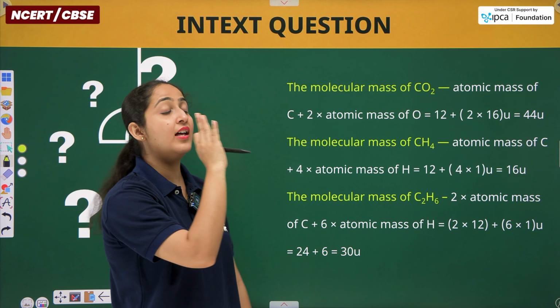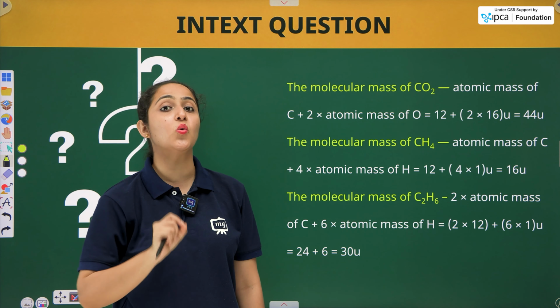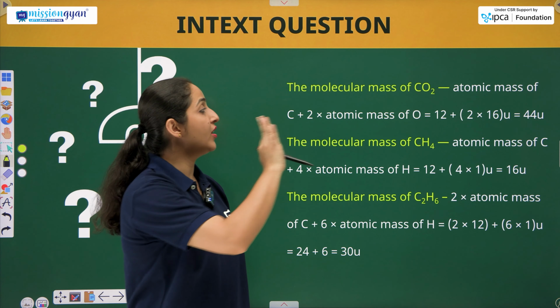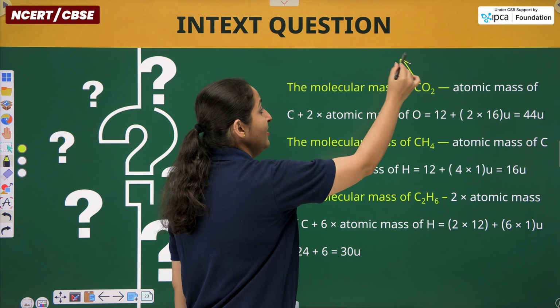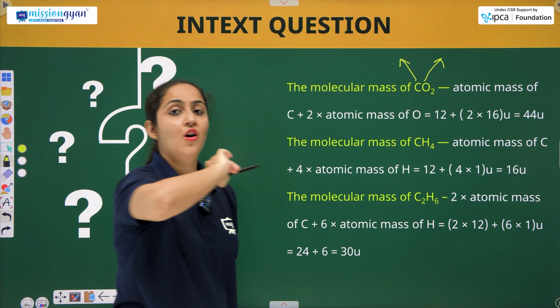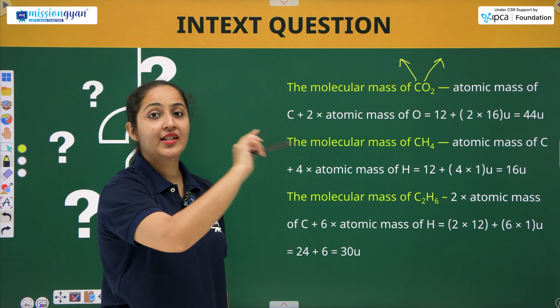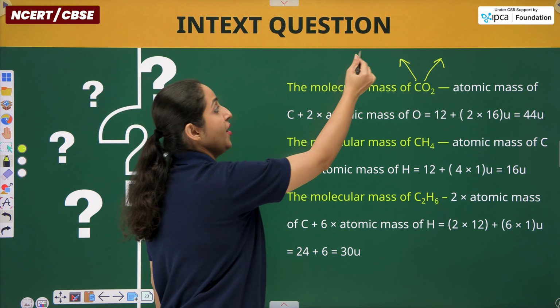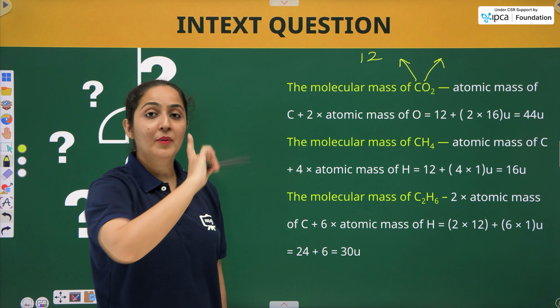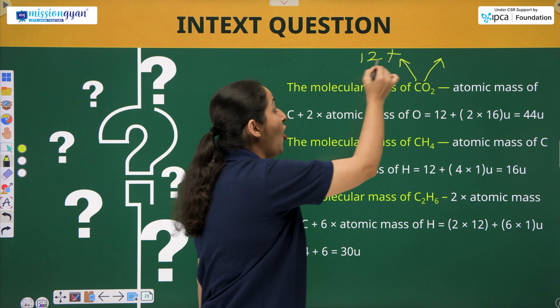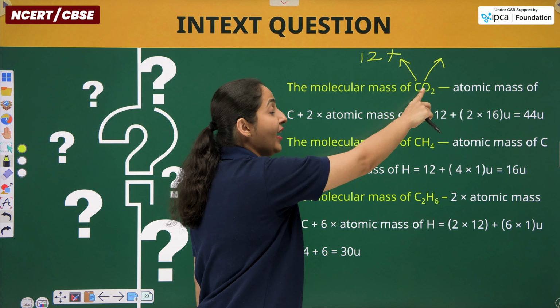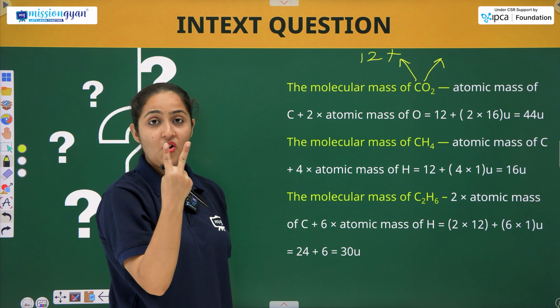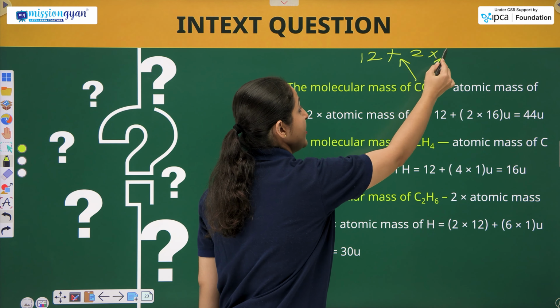Now, if we see the molecular mass of CO2, carbon dioxide. So, carbon dioxide has 3 atoms. 1 atom of carbon and 2 atoms of oxygen. तो इसका मतलब ये, जब हमें molecular mass calculate करना है तो हम सबसे पहले क्या करेंगे, कार्बन का मास लेंगे और उसमें हमें ऑक्सीजन का मास ऐड करना है, एटॉमिक मास. ऑक्सीजन का एटॉमिक मास यहाँ पे क्या है, 16 है, लेकिन यहाँ पे 2 एटम्स है ऑक्सीजन के, सो 2 into 16.